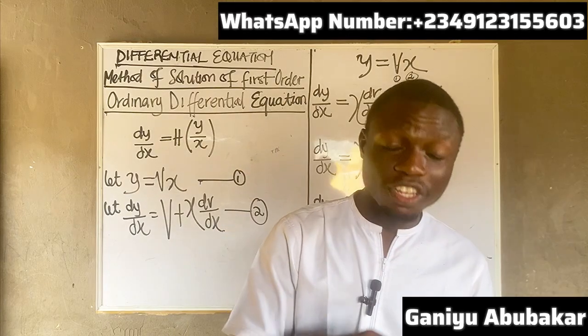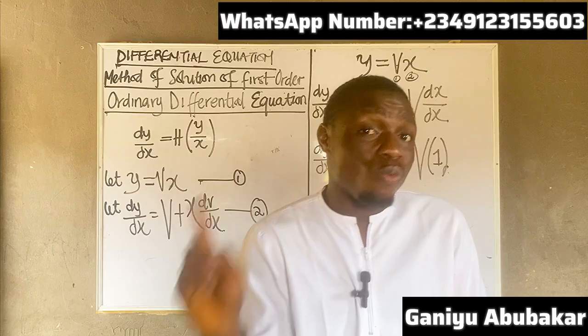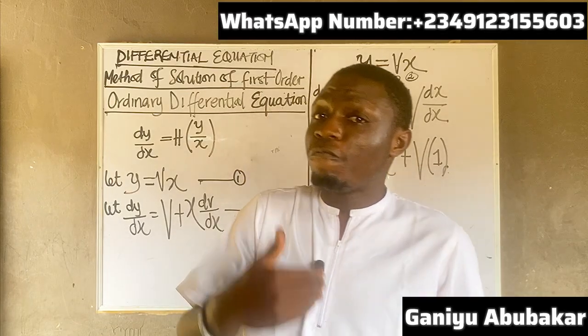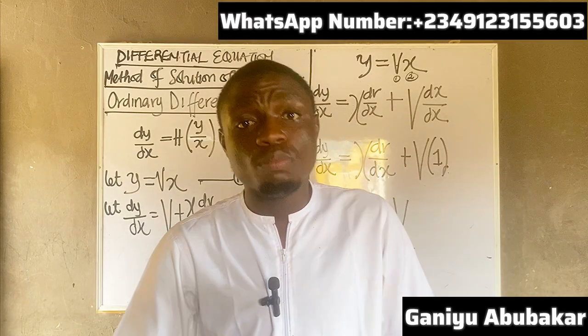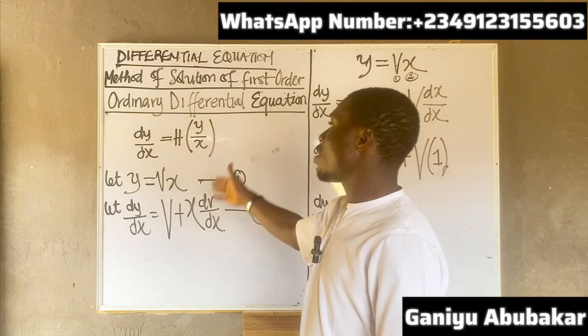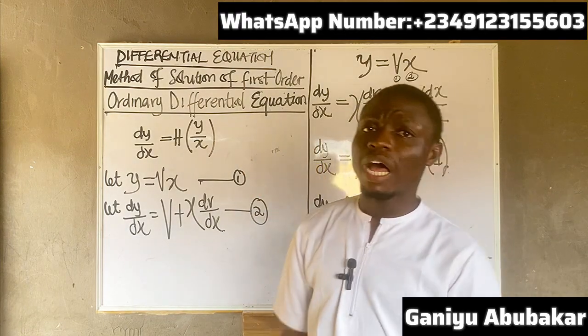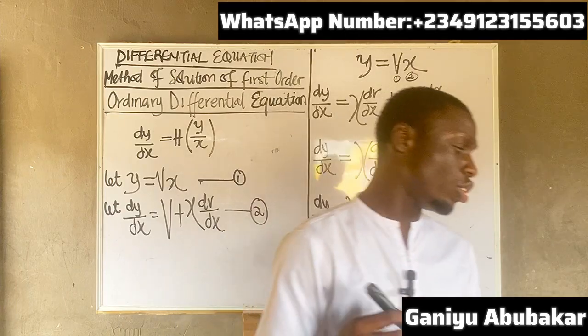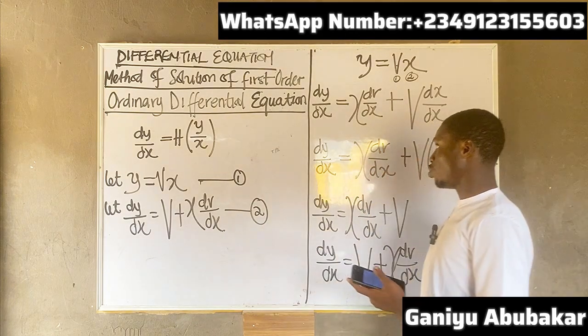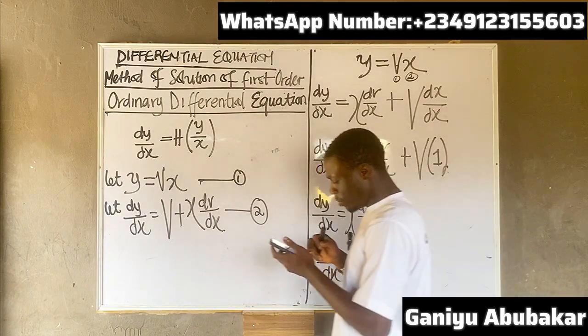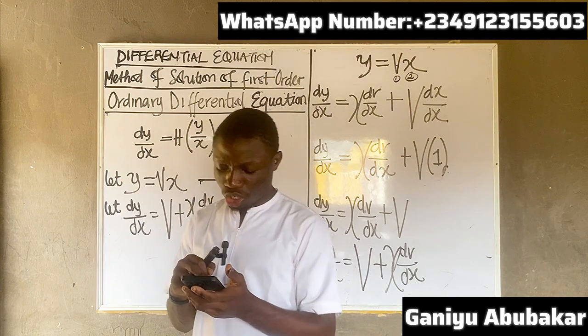Listen, you have a mixture of what? x and y in the question. Your first thing that comes to mind is what? Variable separation. So how do you identify problems under this method? I will show you as we proceed in the study of methods of solution of first order differential equations.